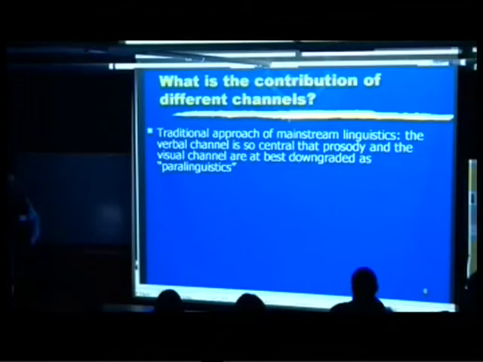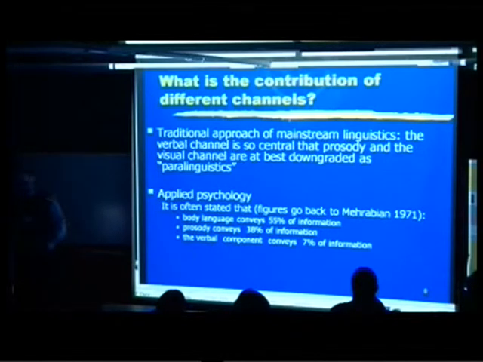However, in some other disciplines, such as applied psychology, it is often said that body language conveys more than a half of the overall information in communication, and the prosody about 1/3, and the verbal component conveys only 7% of all the information being transmitted. These numbers go back to the study by Mehrabian in 1971, and they are being replicated in dozens and dozens of psychological publications.